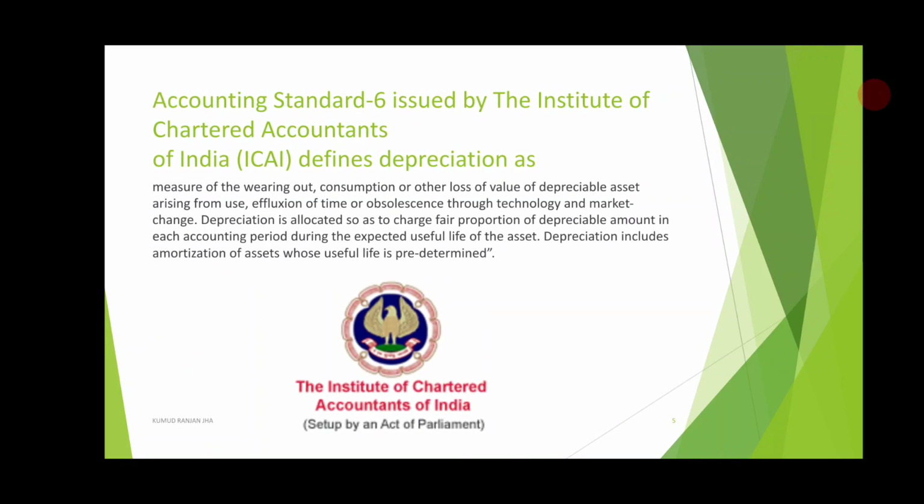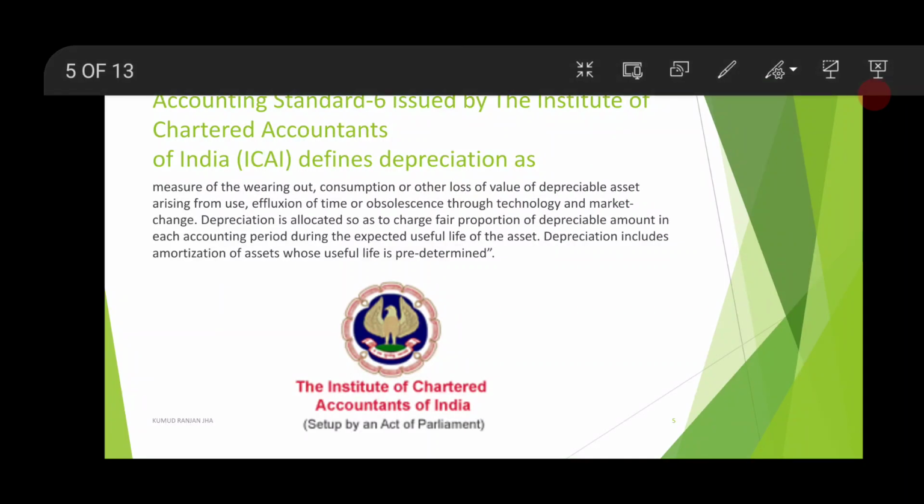Now, depreciation as defined by the Institute of Chartered Accountants of India, ICAI, is recorded in Accounting Standard 6. Accounting Standard 6, AS 6, is meant for depreciation. There are so many AS. It is a measure of the wearing out, consumption, or other loss of value of a depreciable asset arising from use, effluxion of time, or obsolescence through technology and market change.